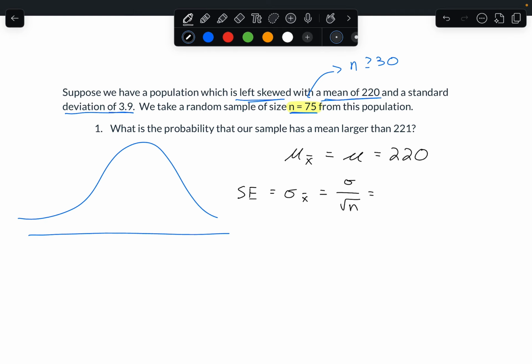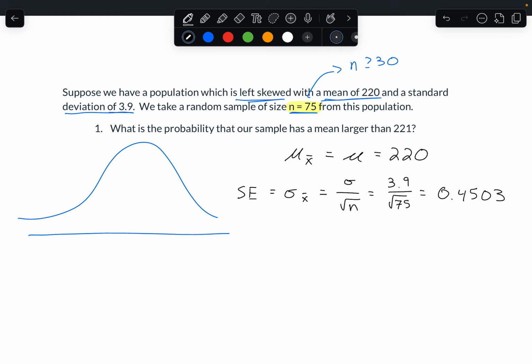So our population standard deviation is 3.9 divided by the square root of 75. If I divide this out, I end up with 0.4503. I'm going to be extra careful and just add on 4 decimal places here.